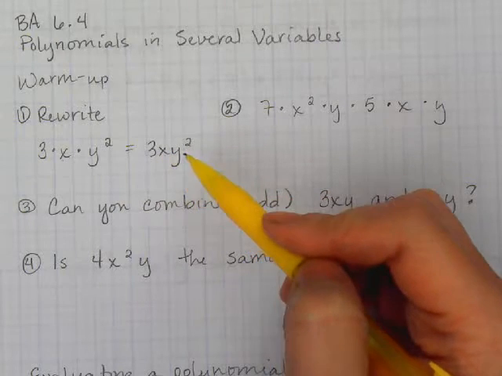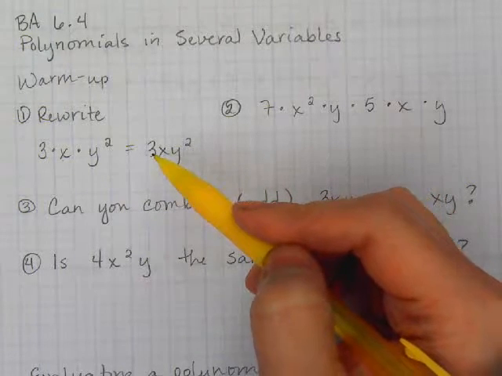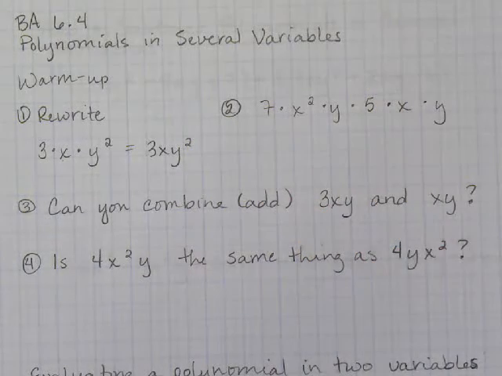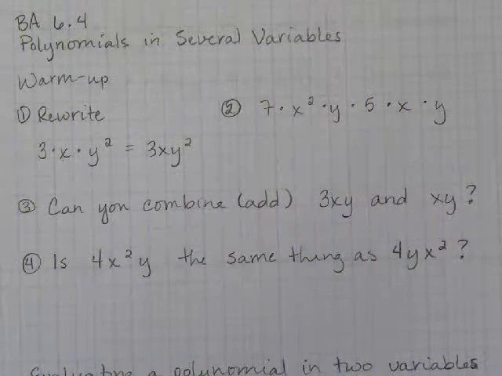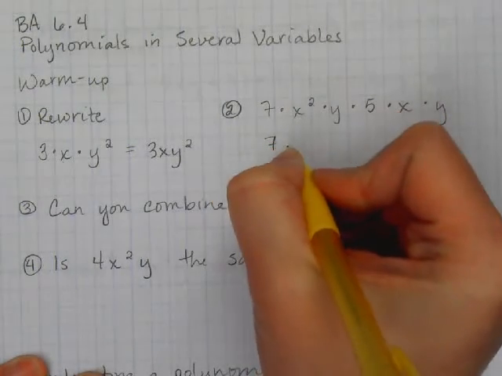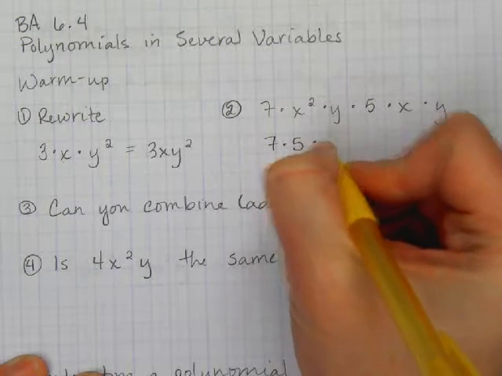And if we're multiplying, moving into number 2, we can multiply in any order, as long as we don't have any pluses or minuses taking place in there. Then we can do this in any order, which means I can rewrite this as 7 times 5 times x squared times x times y times y. And then I can shorten that and simplify it.